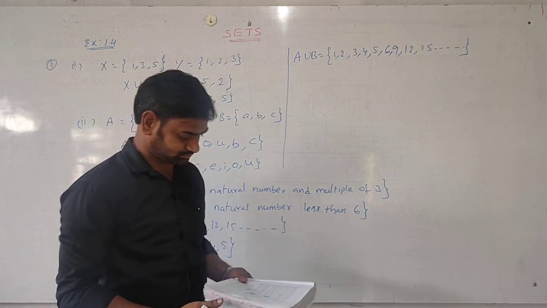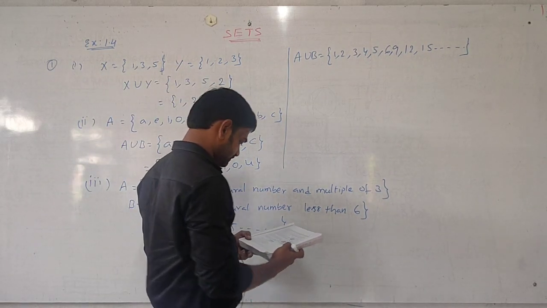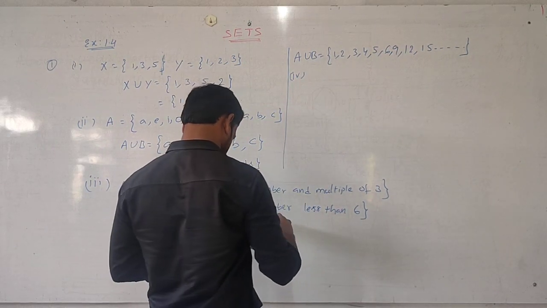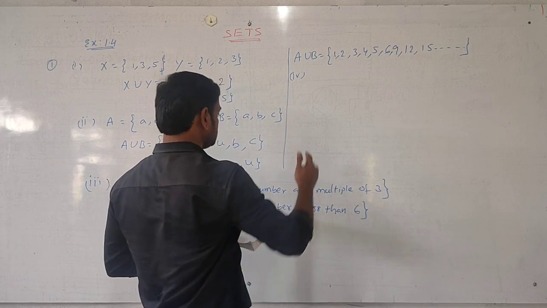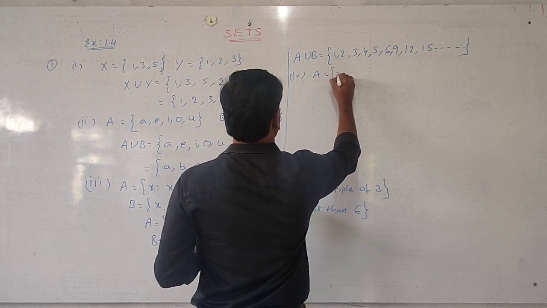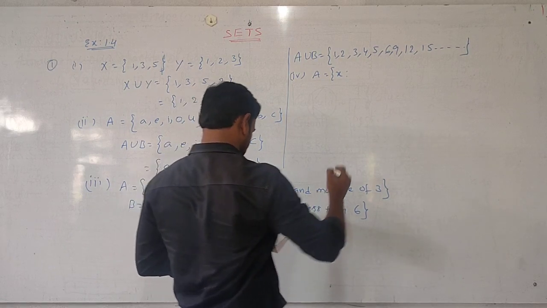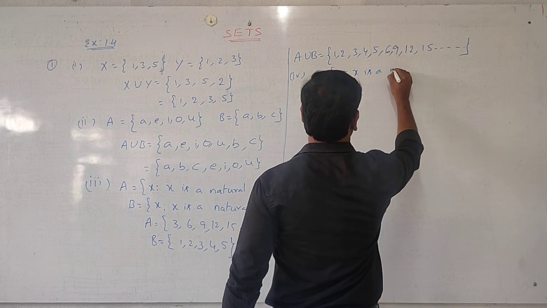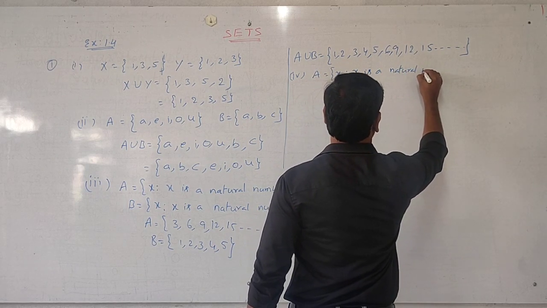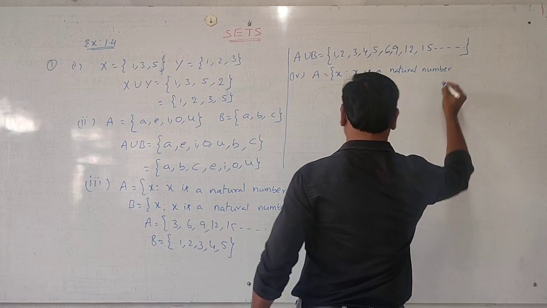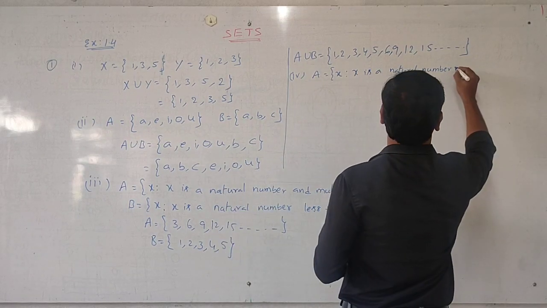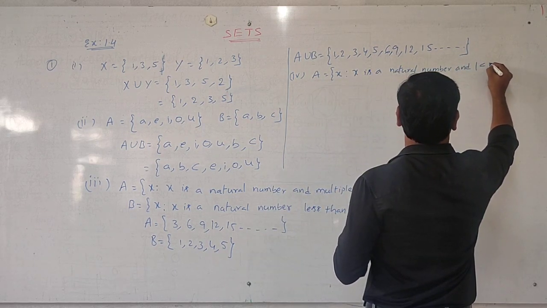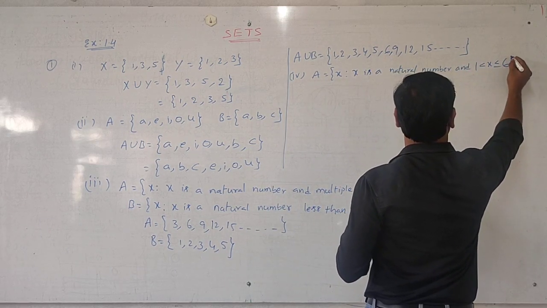Next, fourth. Capital A equal to {x such that x is a natural number and 1 less than x less than or equal to 6}.